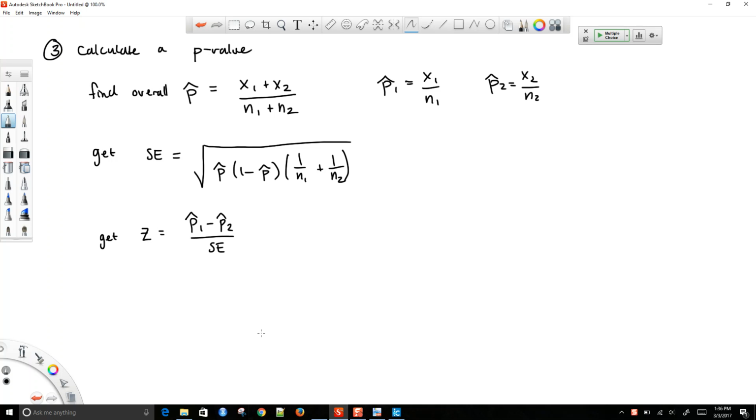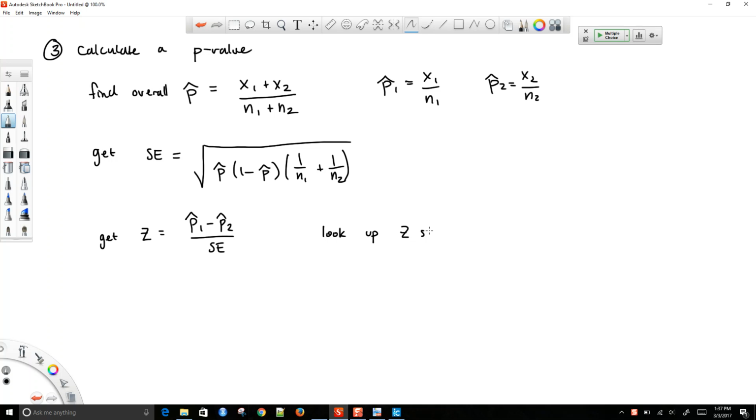Okay? So we do all of this work to get a z-score. And once you have your z-score, the next step is to look up the z-score to get your p-value. Okay, and the same rules apply here.